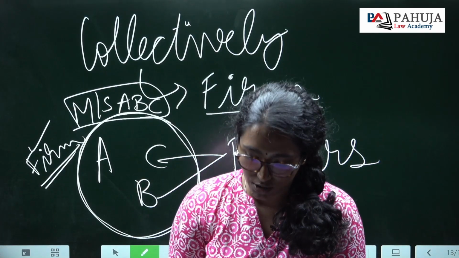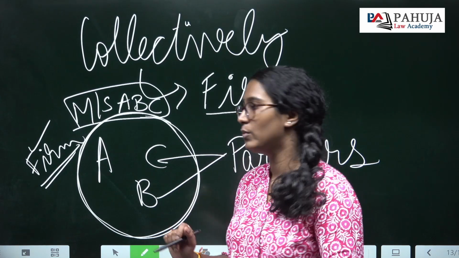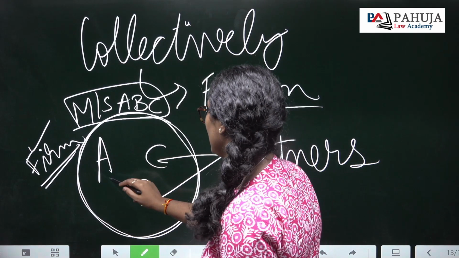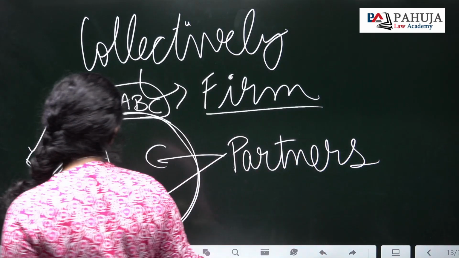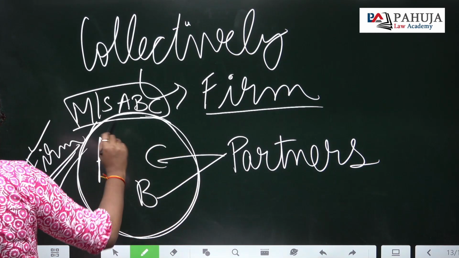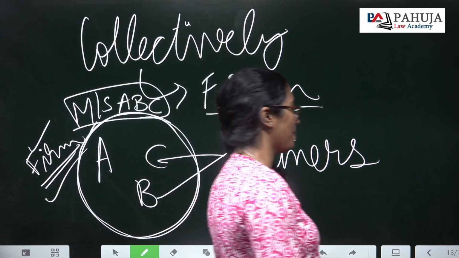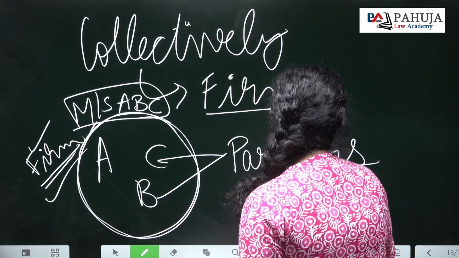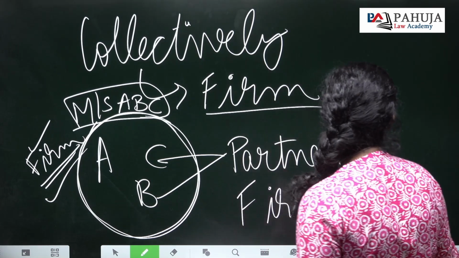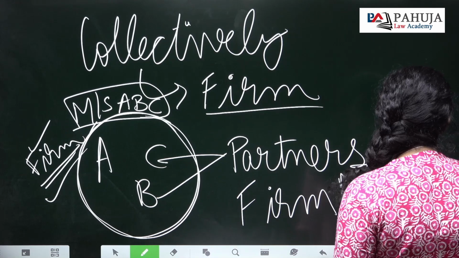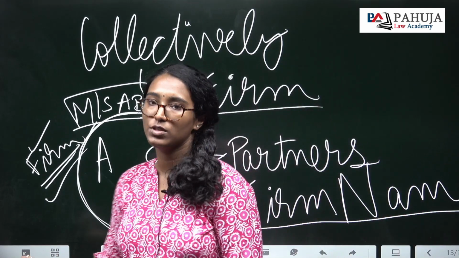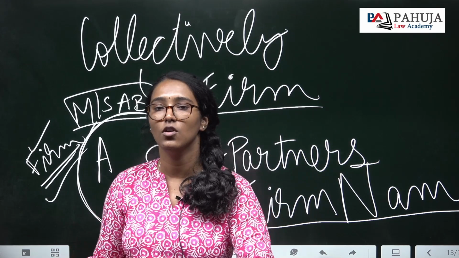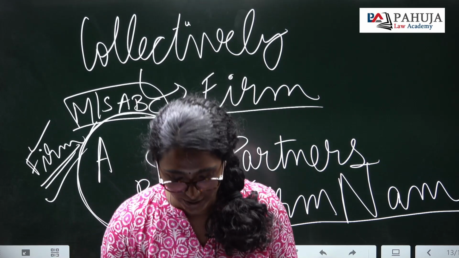Let us see what Section 4 talks about when we say firm name. These are partners in their individual capacity, but when collectively they are referred, they will be referred to as a firm, and the name in which they carry on their business is known as the firm name. जिस नाम से वो अपनी फर्म का बिजनेस कंडक्ट कर रहे हैं, उस नेम को फर्म नेम कहा जाएगा.